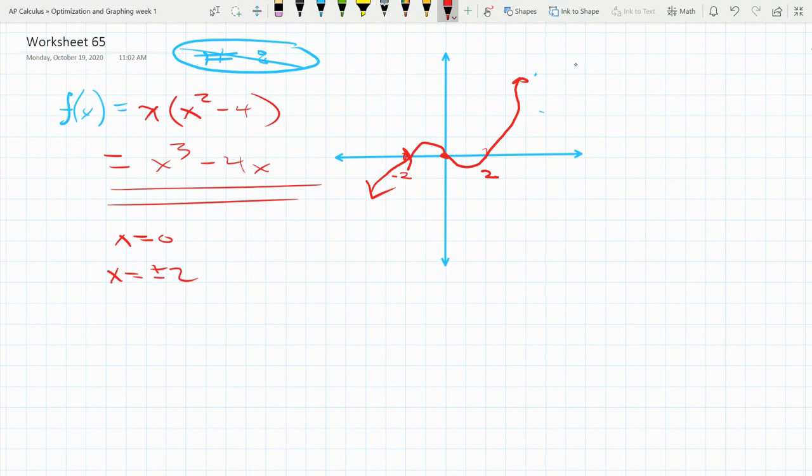Okay, so when we look at this, we have critical points. So our first critical points are our x-intercepts, okay? So if we labeled our x-intercepts, we're going to have them at negative 2, 0, and 2. Now, for this particular graph, we also have what is going to be considered. No, I don't want that color.